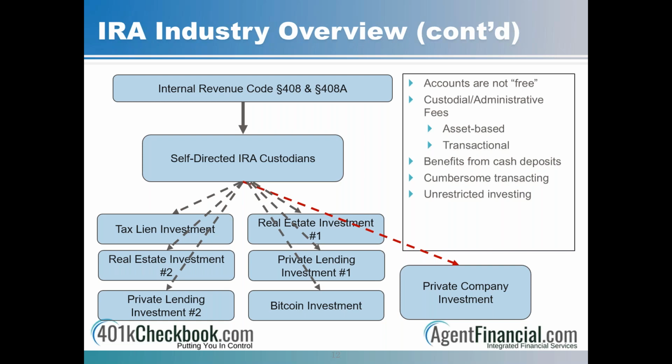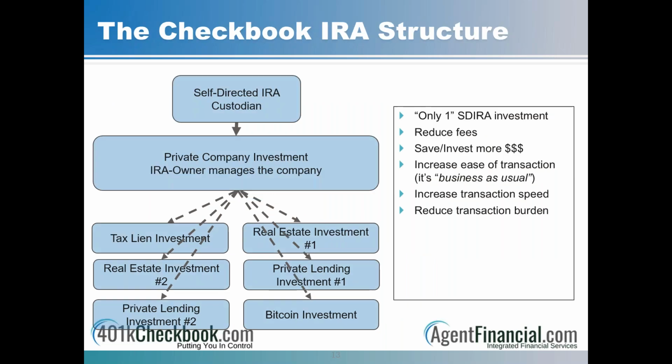So to rectify that, and truly give you, the investor and the owner of the funds, the complete and total control and the complete and total benefit of your assets, and to reduce your fees and your paperwork, we use the checkbook IRA structure.